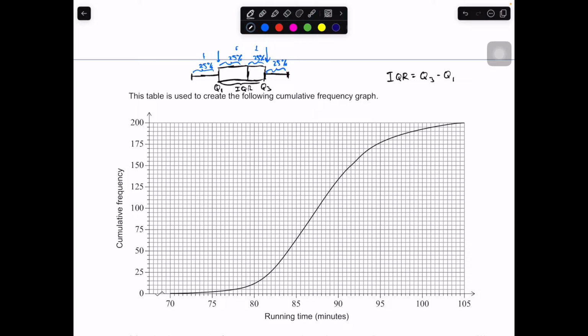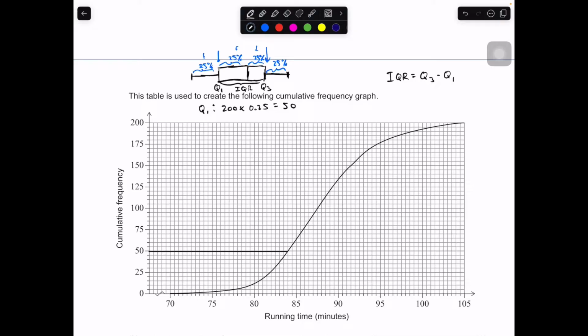So let's go ahead. 200 movies, let's find for Q1, let's find the 25th, or that first quartile. And this is going to give us a value of 50. So we want to find the point where 50 movies are, or the point where the runtime of the movie is greater than 25% of the other movies.